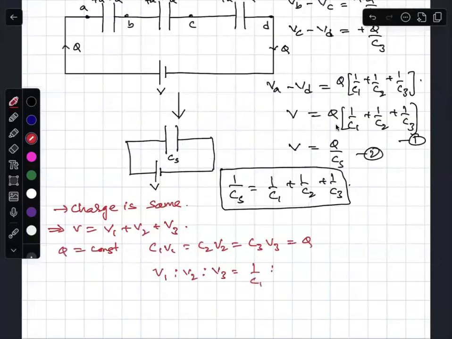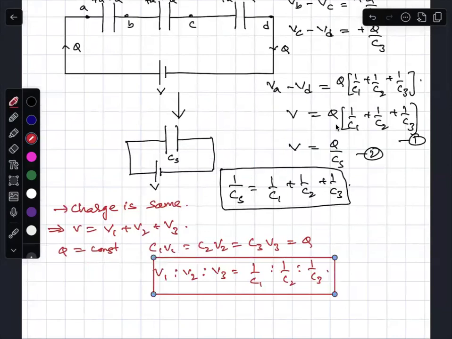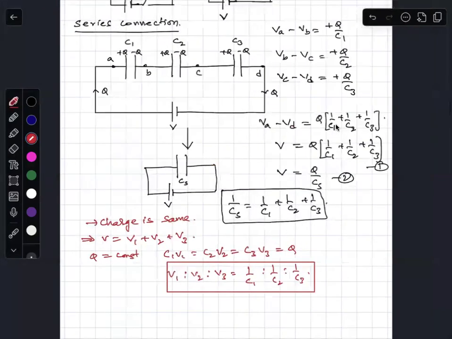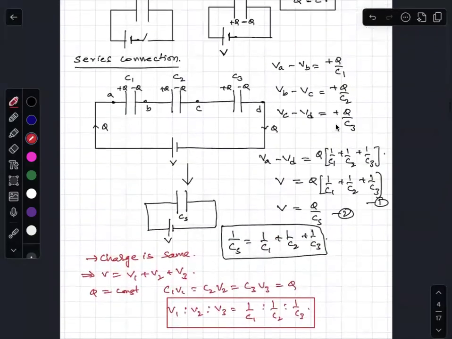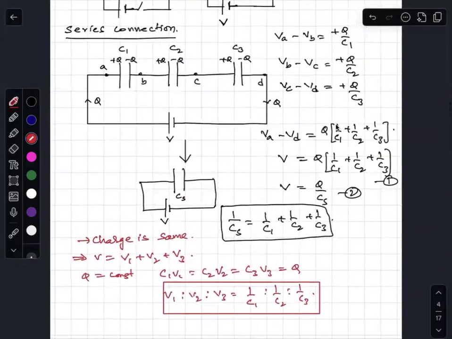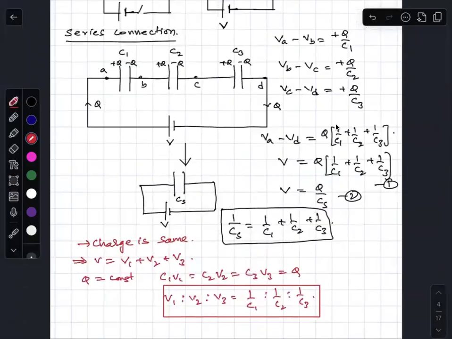Wherever you require, simply follow this ratio. This is all about series connection. Any doubt till this point? Even at a fundamental level, I am prepared to answer. Right. Next.